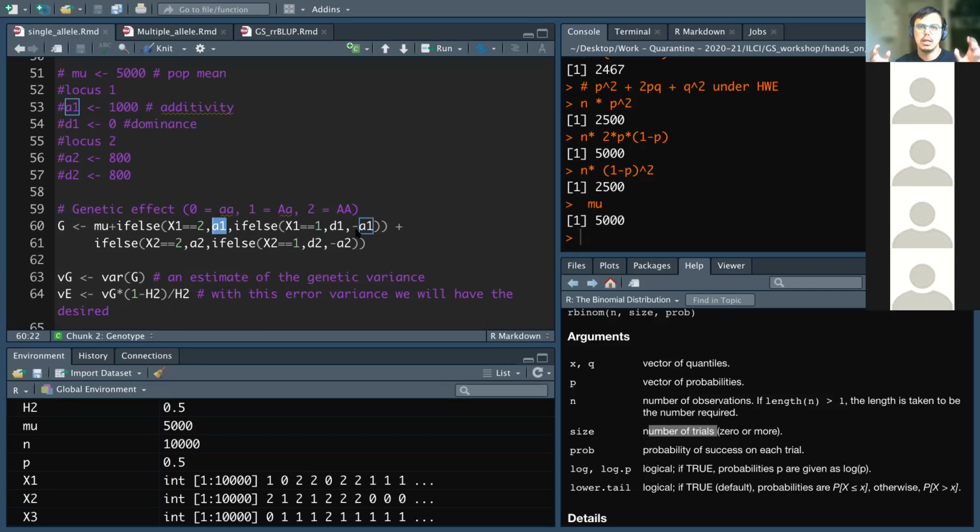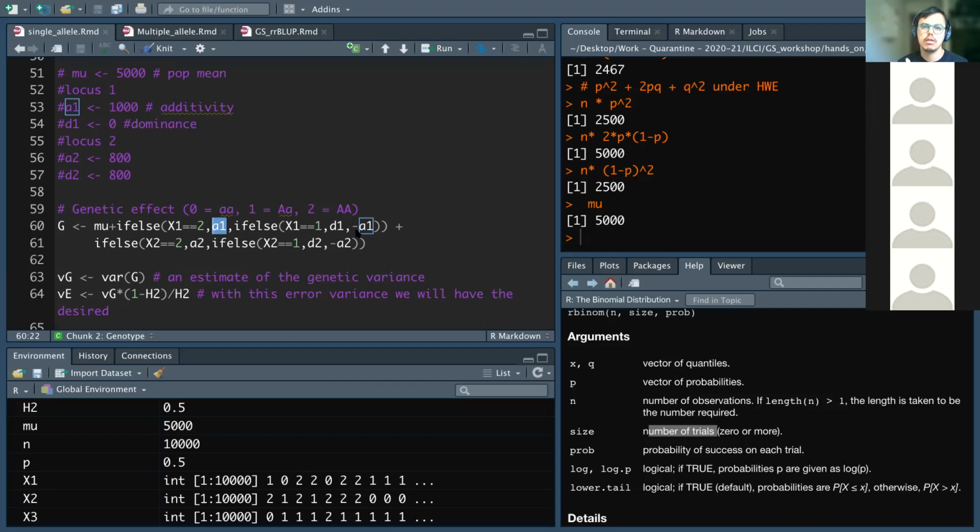So remember that in the additive effect, we have alpha, the additive effect, and the expected value of the heterozygous lines is right in the middle of the phenotype. That is why I have positive A, negative A, and the dominance deviation.